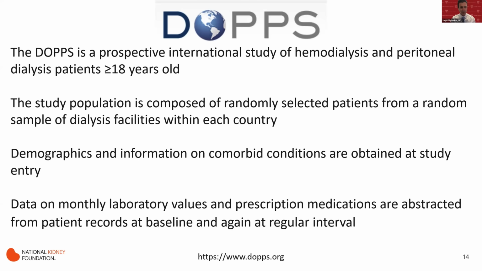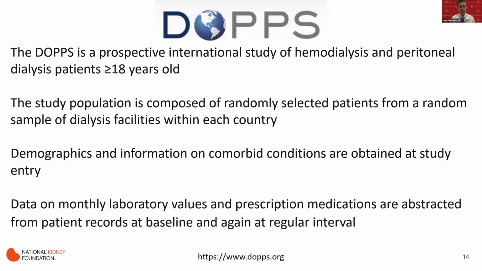So I think this is an important question, and I will give you an answer from a couple of different perspectives, a couple of different data sets. So DOPPS is a large data set that many of you may be quite familiar with.